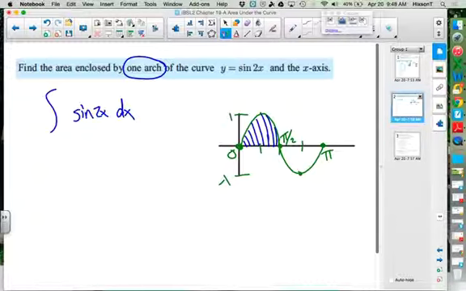When we find the integral from 0 to pi, you get 0, because there's an equal amount of area above the x-axis as there is below the x-axis. So we get a net area. But here we're just going to go from 0 to pi over 2. Take a moment or two, try to integrate that and evaluate it on your own.